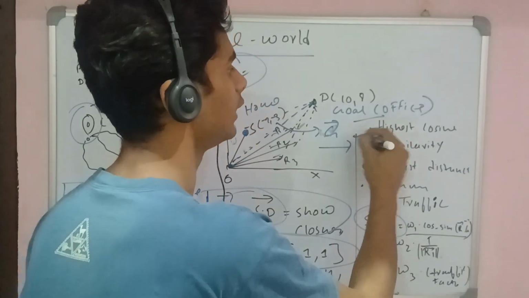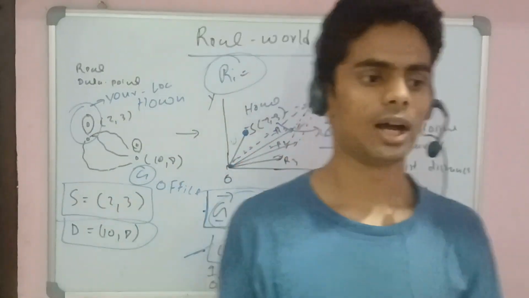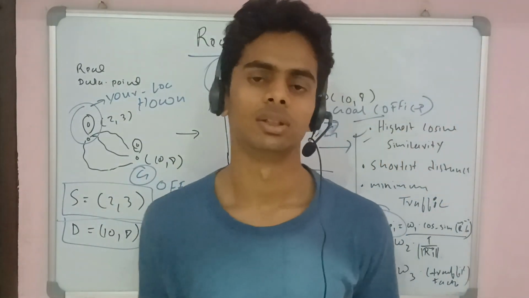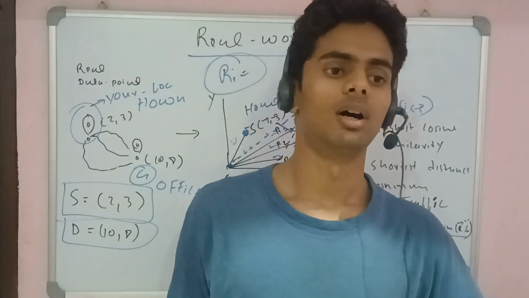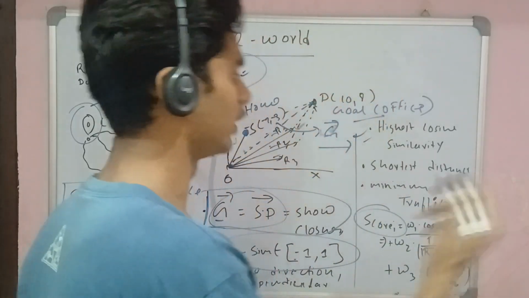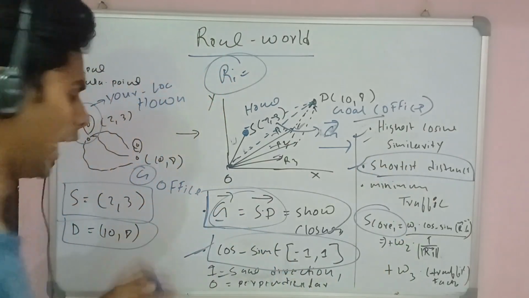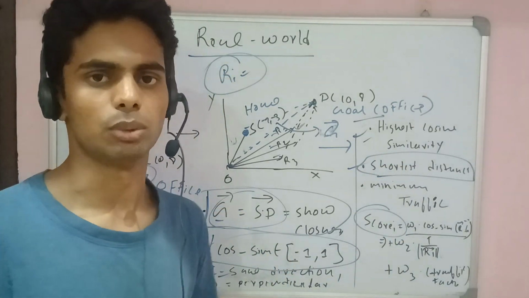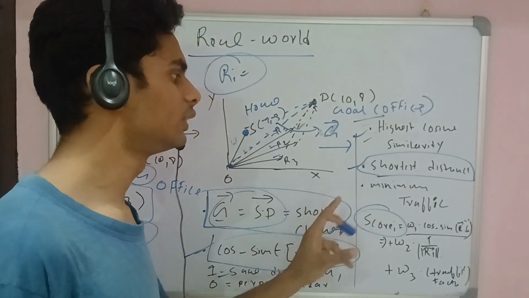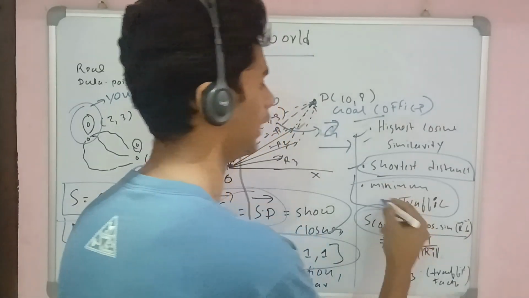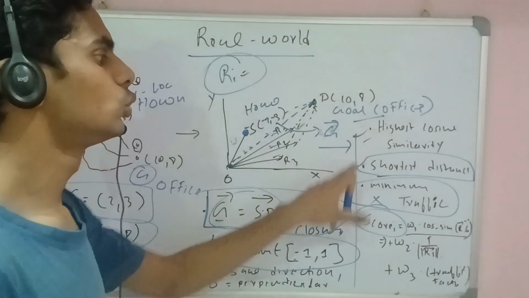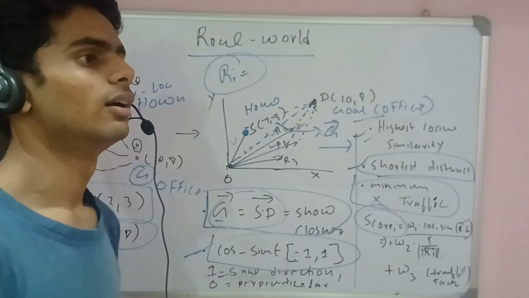The first thing is high cosine similarity. If a route has a high cosine similarity, you can say it is the best route. This parameter can be fulfilled. Then shortest distance, because we are always finding the shortest distance to take less time, and minimum traffic, which is an external parameter. These three factors decide the best route.